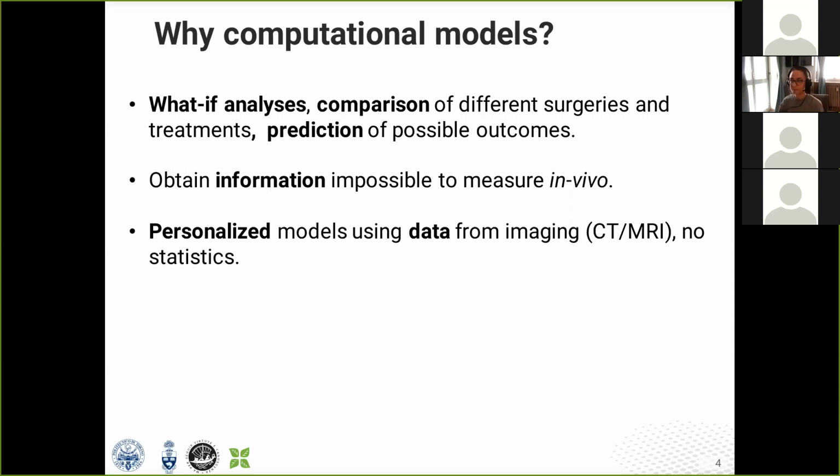At that point, with computational models, medicine will be personalized. Every treatment and surgery will be tailored to each patient.